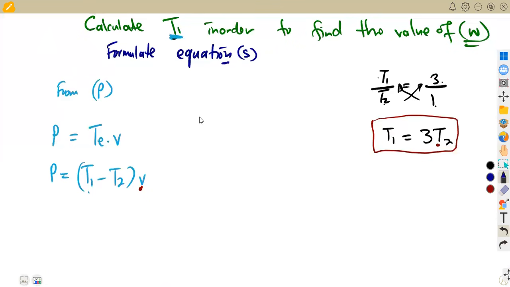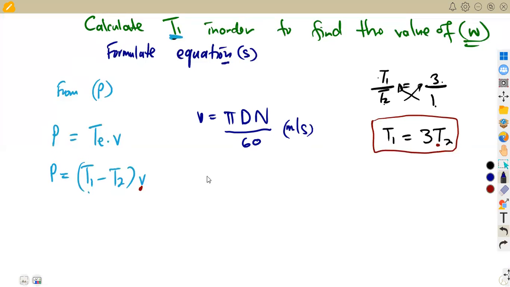Remember that V is equivalent to pi dn. If n is given in revs per minute, you divide by 60, so it's pi dn over 60 in revs per second, to obtain V in meters per second.